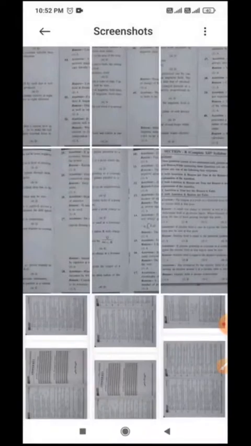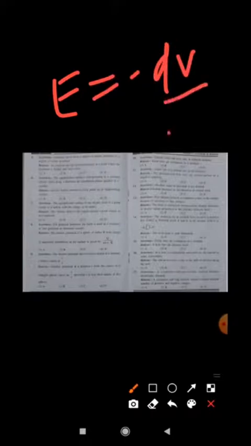As the potential is changing continuously with distance, according to the relation between potential and electric field, E is equal to minus dV by dr.